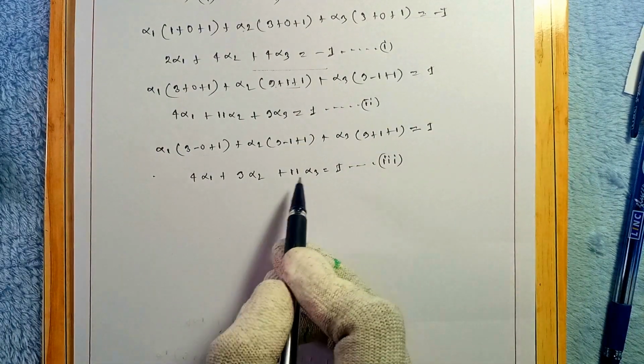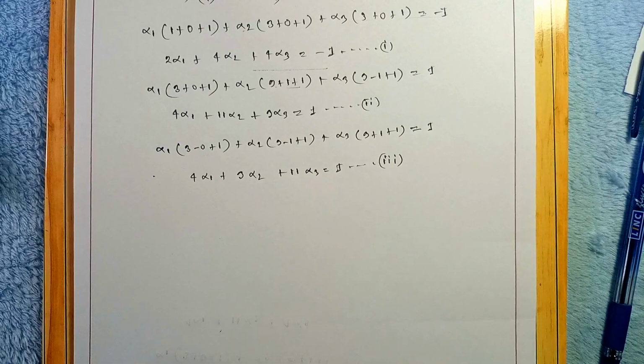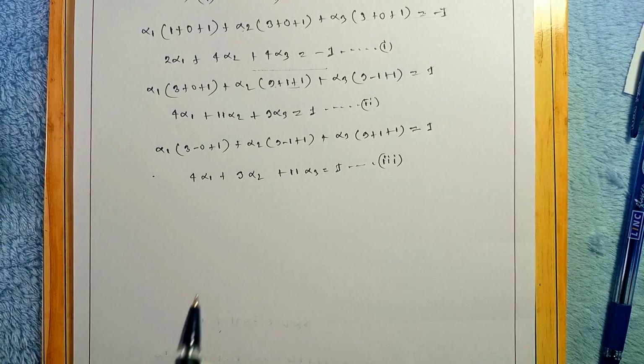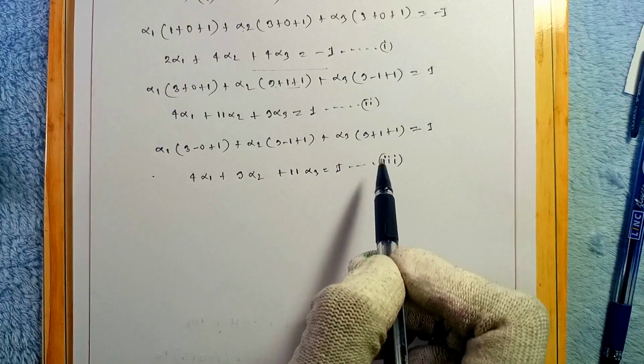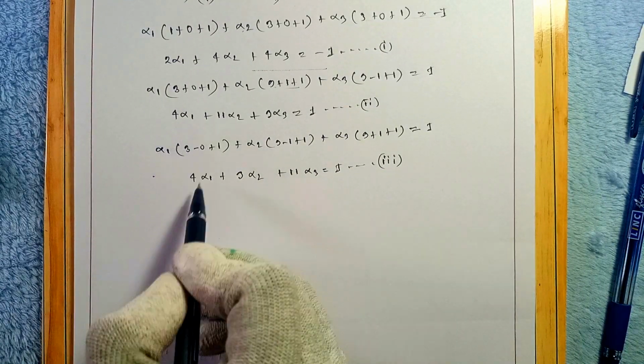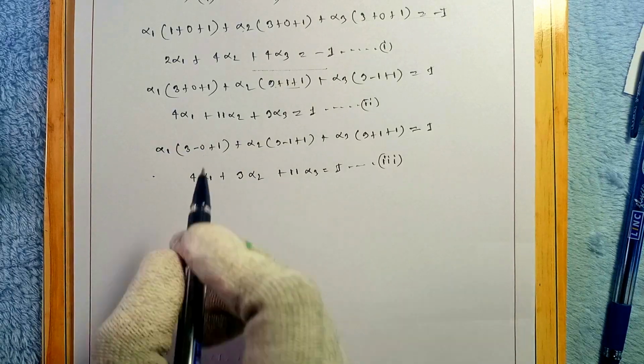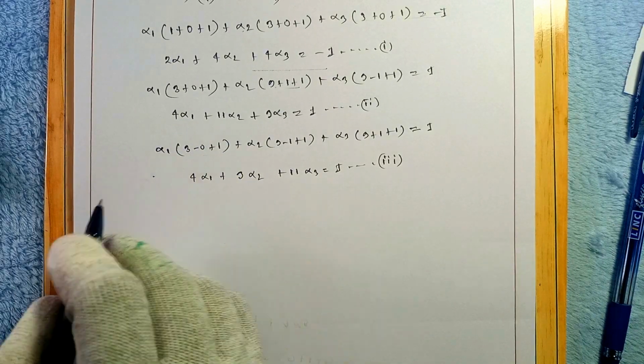Now we have to find out the value for alpha 1, alpha 2, alpha 3. It's easy. At first from equations let's take 2 and 3, because on both sides alpha 1 is there. We can subtract this one from this one.